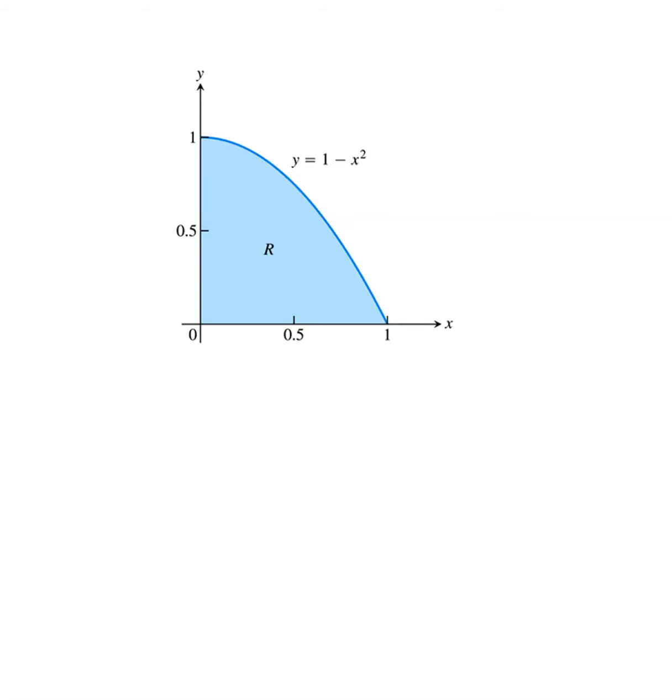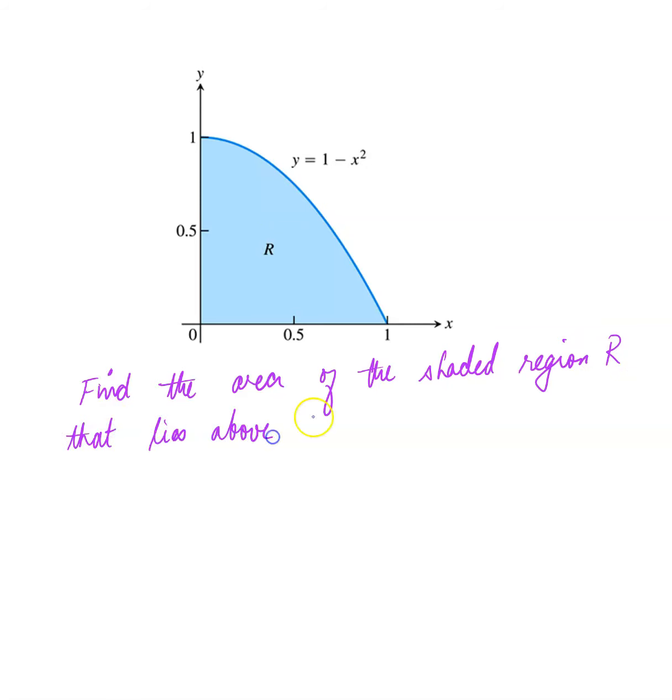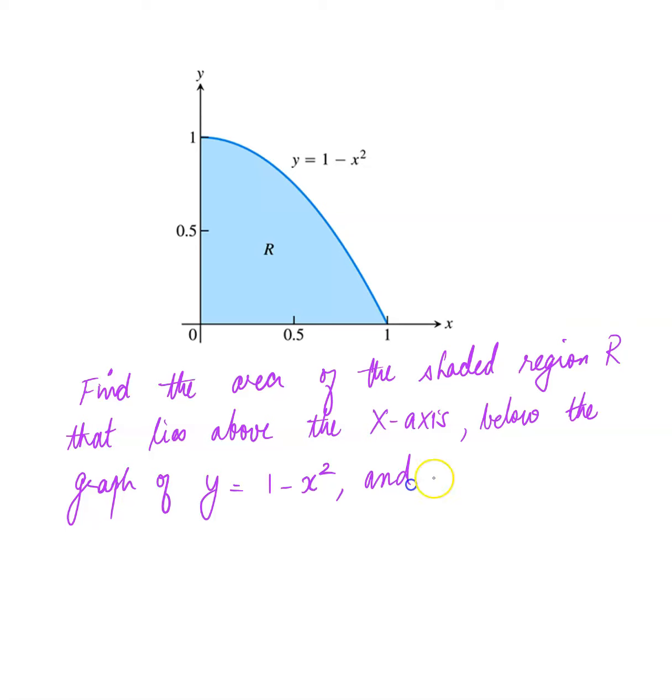So to define this region, if we were to define this in words, then we will say: find the area of the shaded region, and they've called that region capital R, so we'll say R, that lies above the x-axis, that is true, below the graph of y equals 1 minus x squared, so below, under the curve, yes, and between the vertical lines x equals 0 and x equals 1.